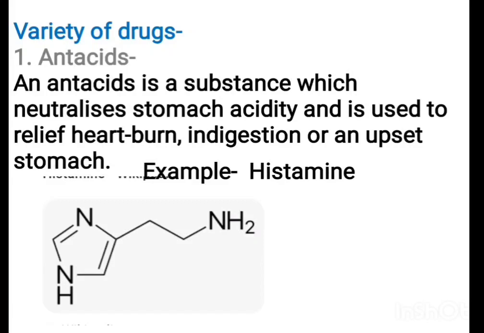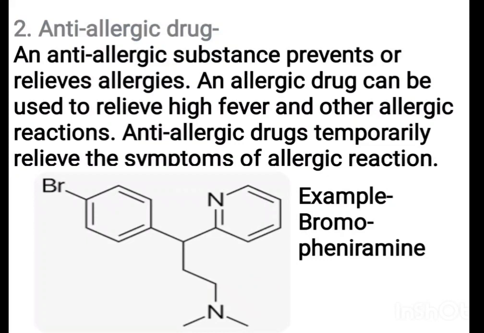So this type of drugs or medicines used to neutralize stomach acidity and relieve heartburn, indigestion, and upset stomach are termed as antacids. Okay, example is histamine. This is the histamine structure.